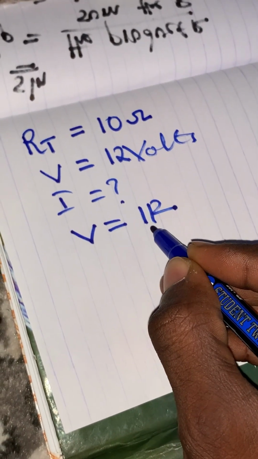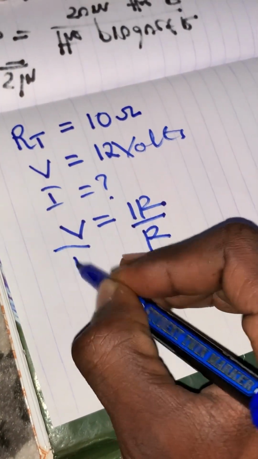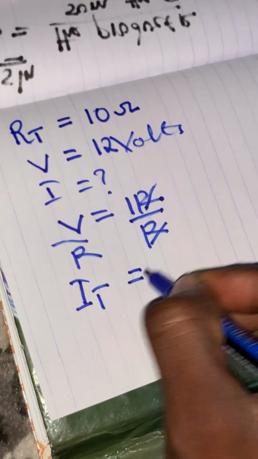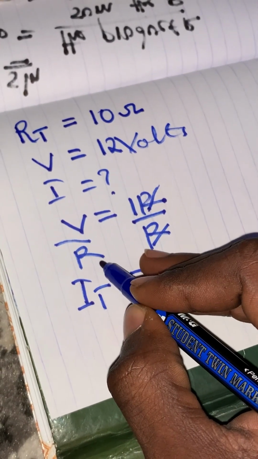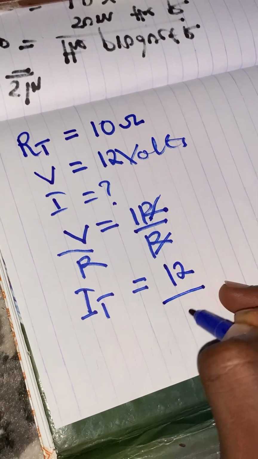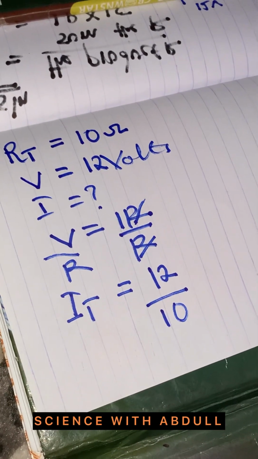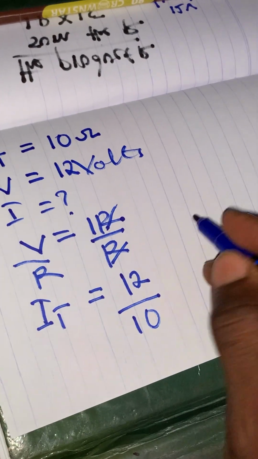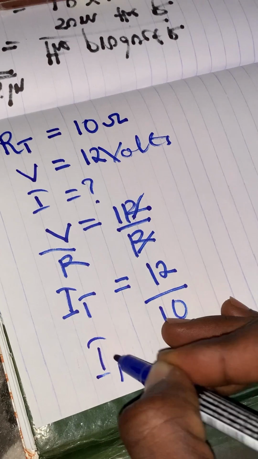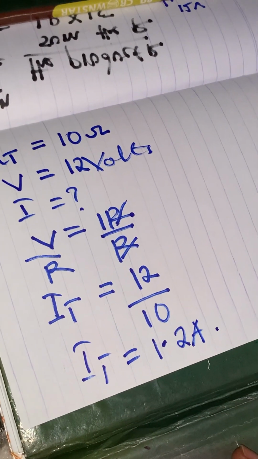So we make I the subject because we are after I, then we divide both sides by R. I total would be the value of voltage divided by the total resistance, which is 12 divided by 10, and this will give us 1.2 ampere. I total equals 1.2 ampere.